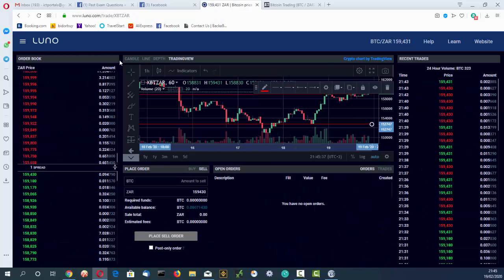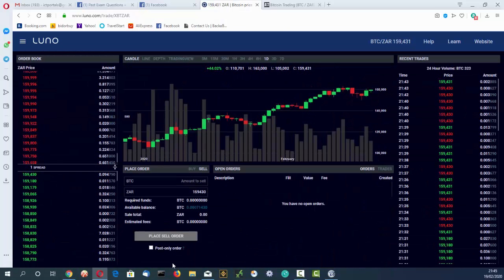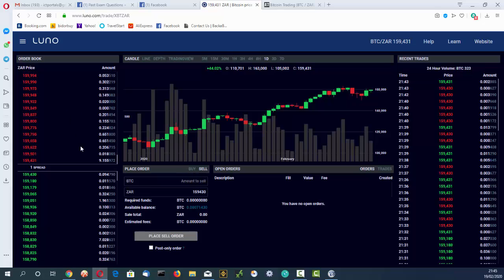So let's go back to Luno. Now, if you are buying, for example, let's say I want to buy Bitcoin at this price. If I click on this red, you can see the price will turn there. You understand? Then I'll key in the amount of Bitcoin I want to buy. Let's say 0.95, or 0.98.